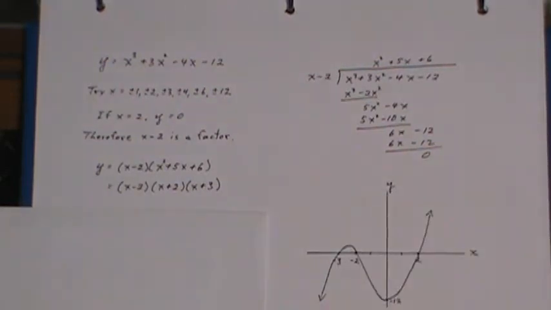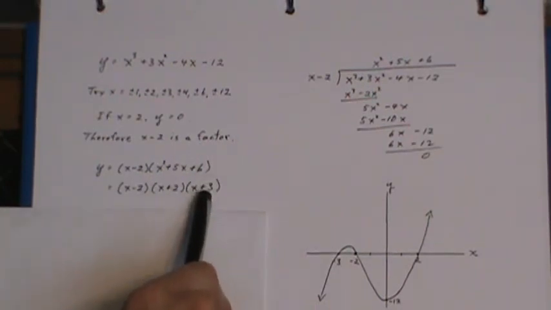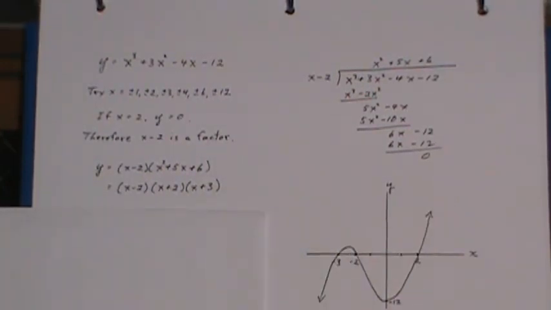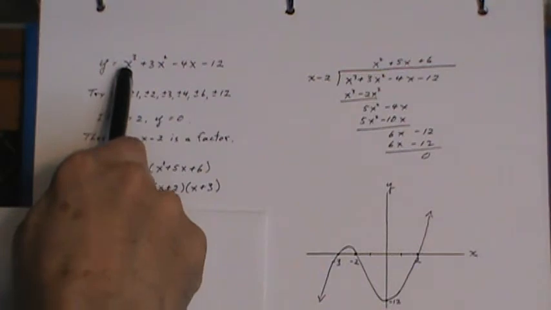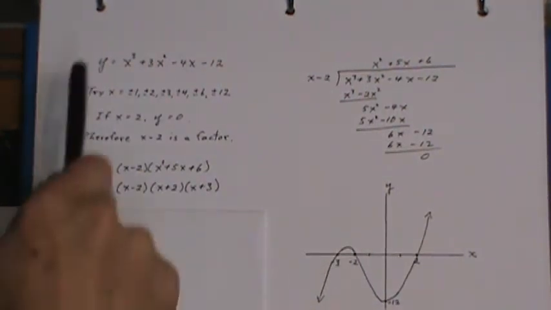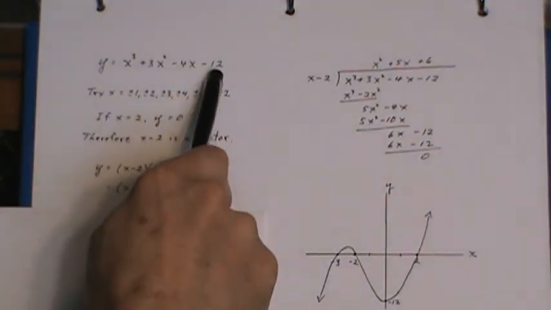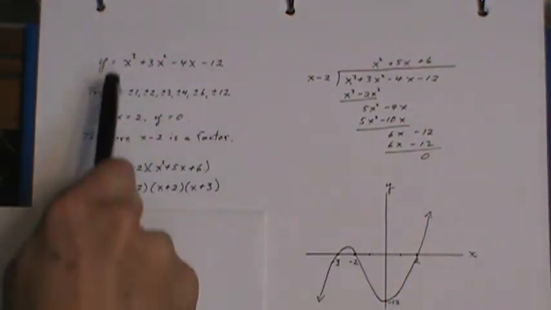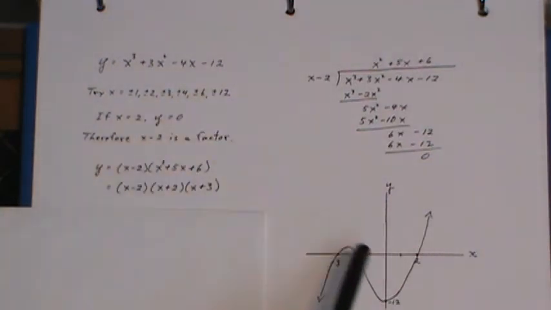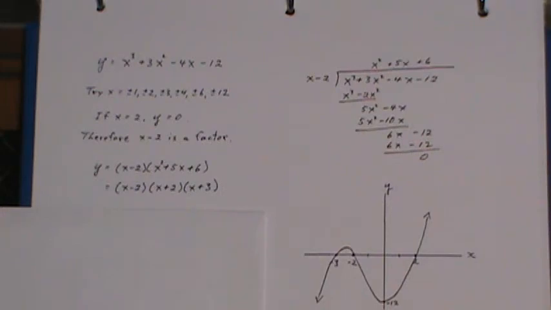And once again, the positive 2, negative 2, and negative 3 create the zeros. Because it's a positive x cubed, it ends going up on the right, so it makes it very easy to draw. You can tell from this equation up here that the y-intercept is negative 12. That's easy to see because when x is 0, y is negative 12, and that supports the fact that it has this particular shape.